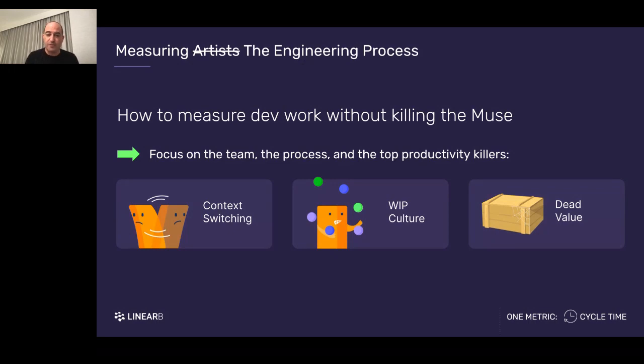And then finally, the other type of friction point and process productivity killer is around dead value. We've completed work on some item. I have a great branch, a nice PR. Someone has reviewed my code. We've even merged it.